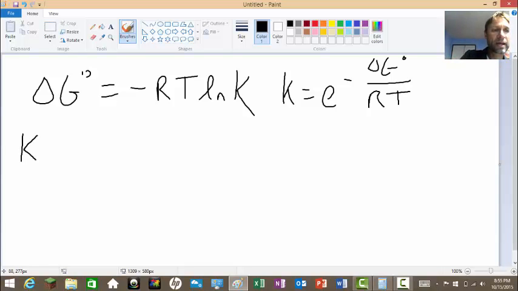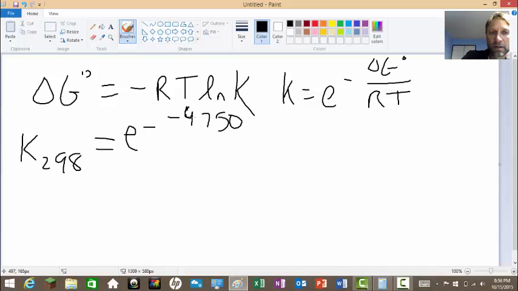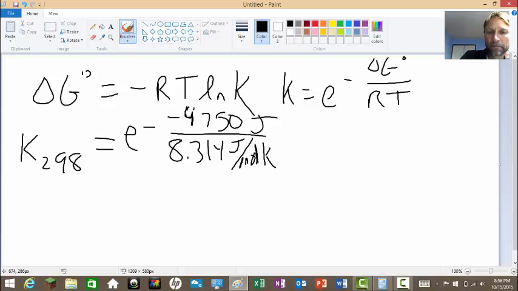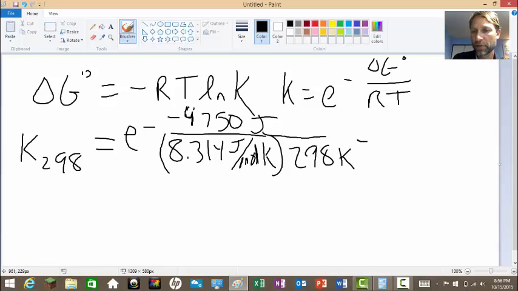And so K at 298 K equals e to the minus 4750, this is in joules, divided by the gas constant, 8.314 joule per mole K, times the temperature in the denominator, which is 298 K. And so when we do the math here, we come up with a value of 6.8.